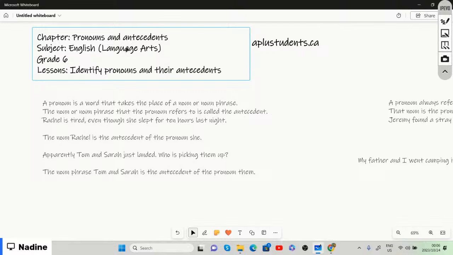All right, so our lesson for today is to identify pronouns and their antecedents under the chapter of pronouns and antecedents.